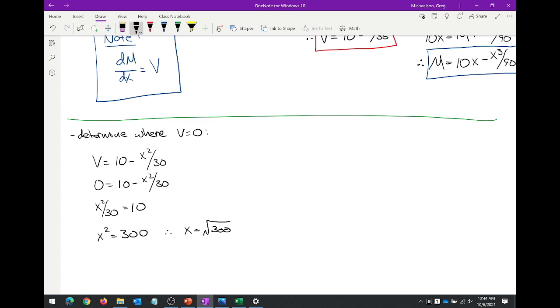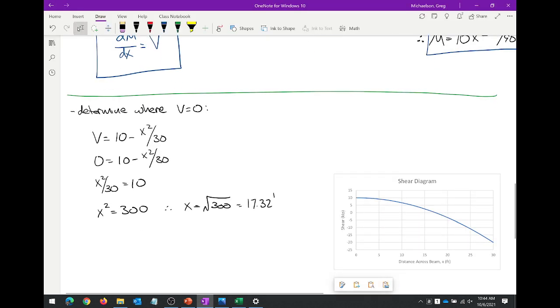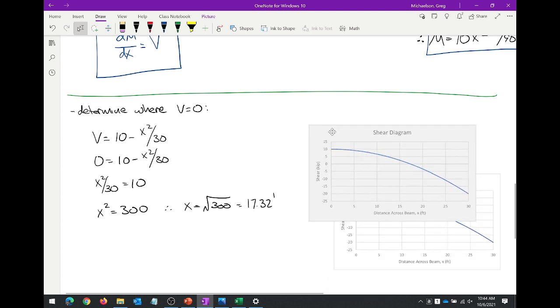What is the square root of 300? 17.32? I don't know about you, but you ask me, that's kind of where that happened, right?